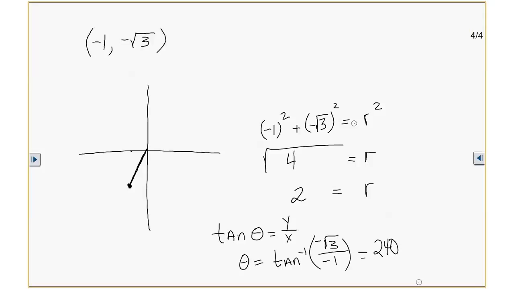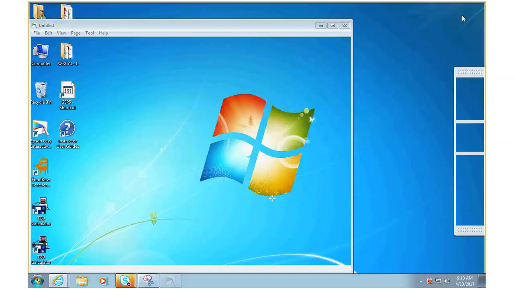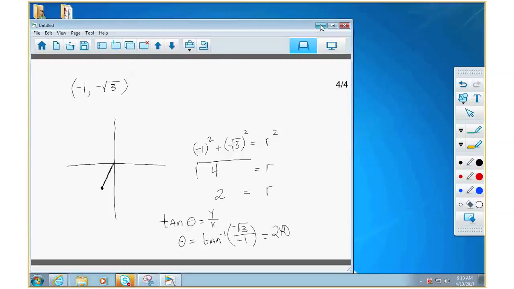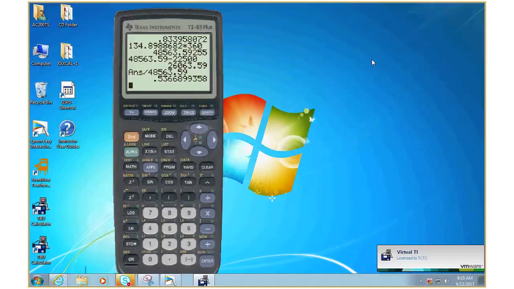Now I want you to get your graphing calculators out. I want you to switch it over to polar, and I want you to graph a few things. Graph whatever you want to. That was from rectangular to polar.